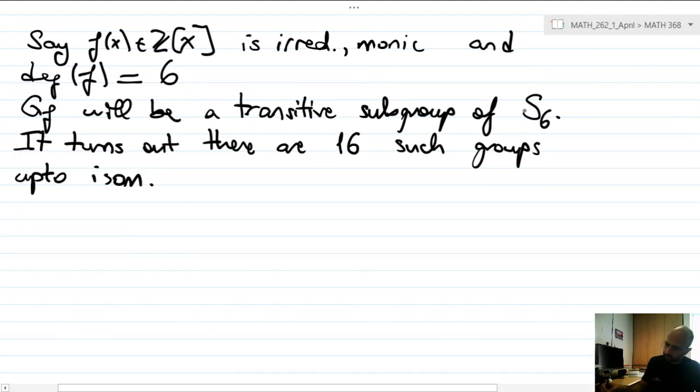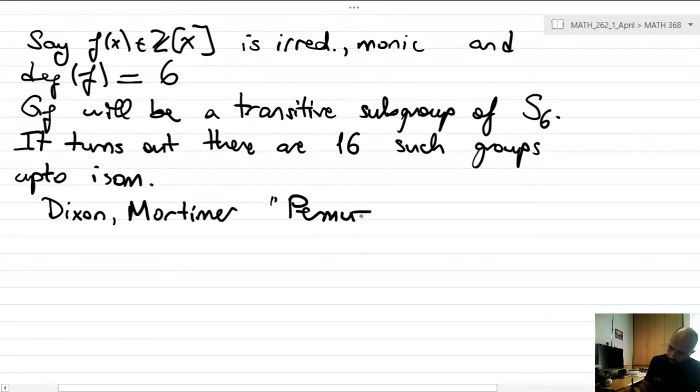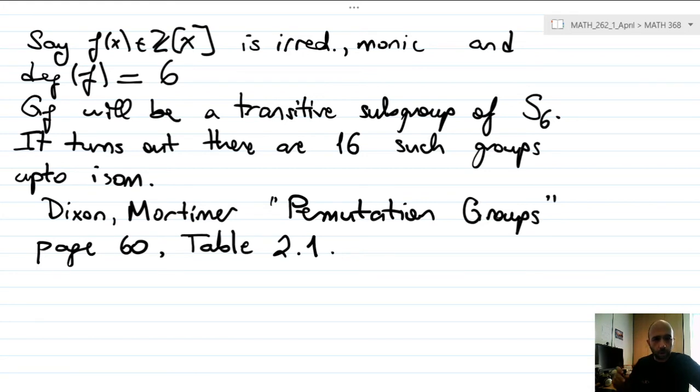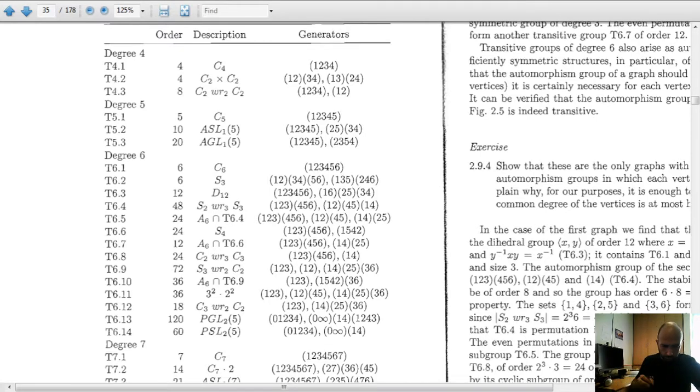Now I'll give a reference for it and show some table from that reference. So the reference is the book by Dixon and Mortimer, Permutation Groups, page 60, table 2.1. But let me also show this to you on screen. Okay, here it is.